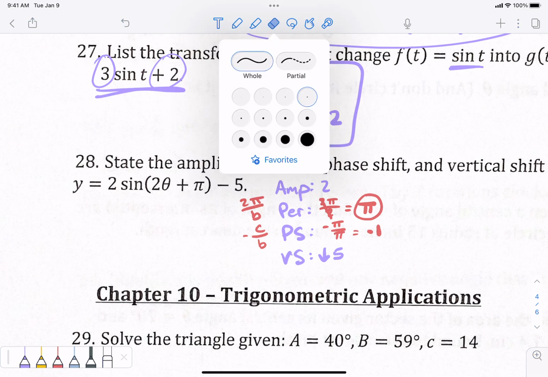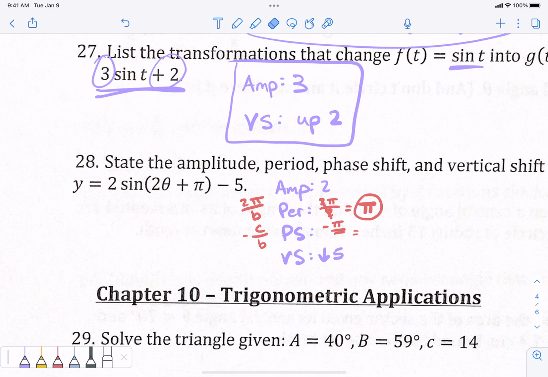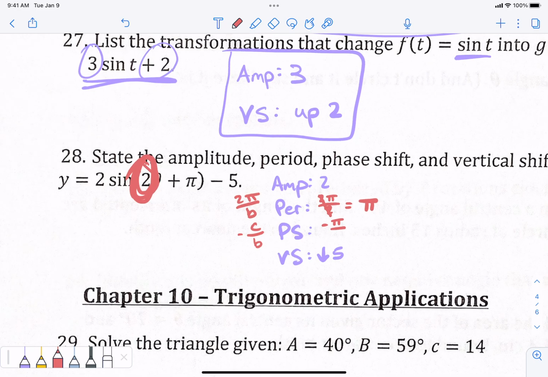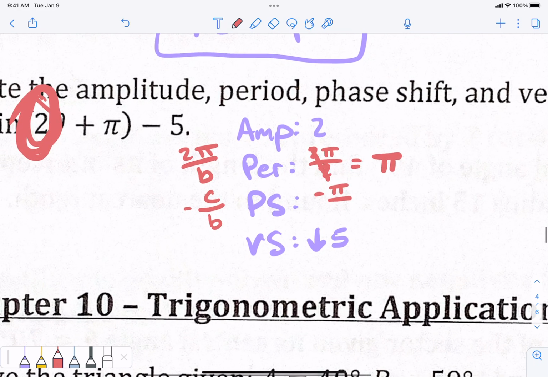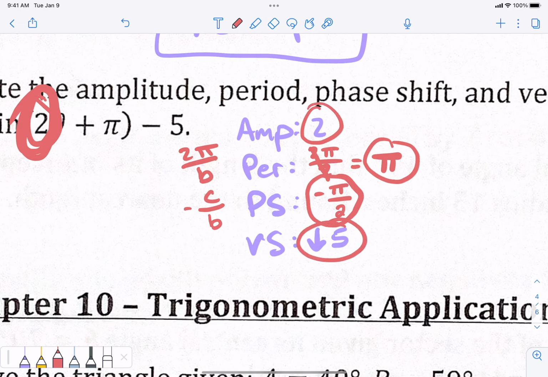Wrong. B is not pi. B is 2, right here. The period was pi, but the b was actually 2. So phase shift is negative c over b, negative pi over 2. That's left pi over 2. Okay, let's solve this triangle here. Okay, happy with that?